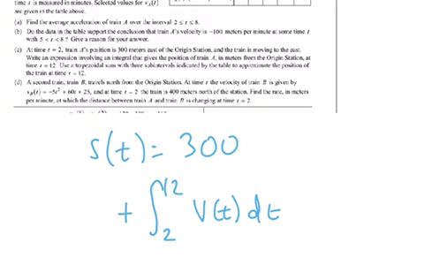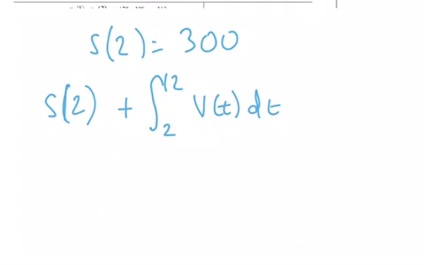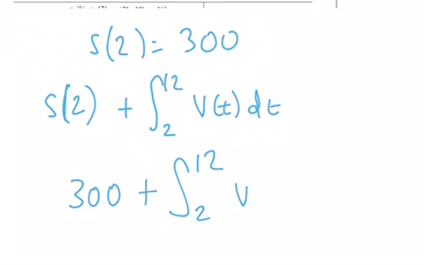And we need to include the original position, which I put t here, but I really should have put 2. So this becomes 300 plus the integral from 2 to 12 of V_A(t) dt.